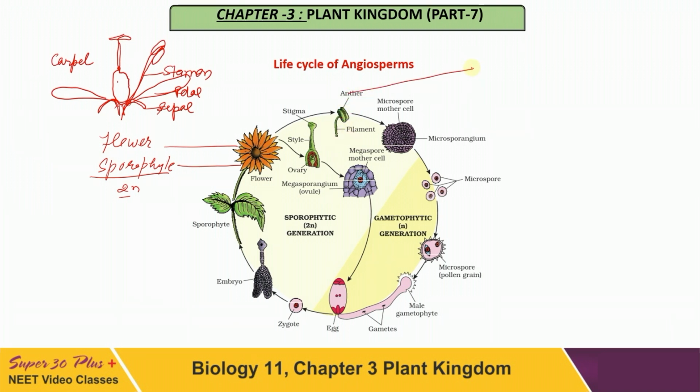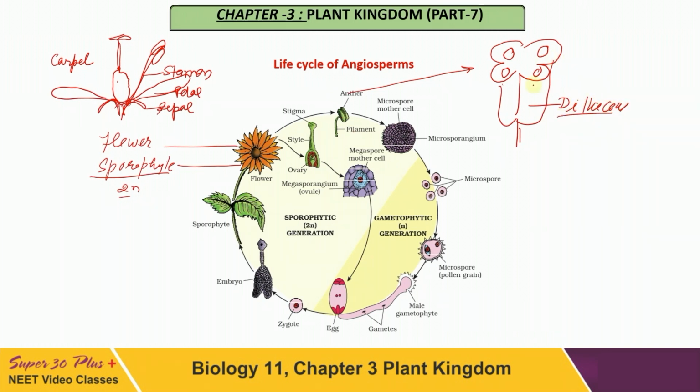If I enlarge the structure of the anther, it is usually dithecous, having 2 chambers, that is 2 lobes. This is one lobe and this is the other lobe. In each lobe we have 2 microsporangia. That's why overall this is known as a dithecous anther.